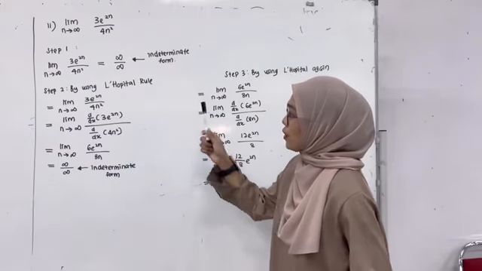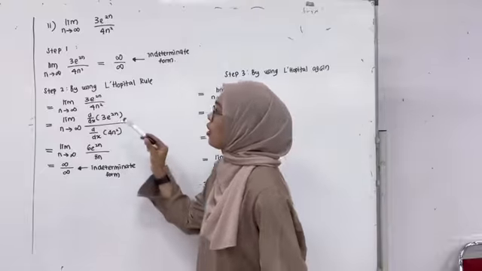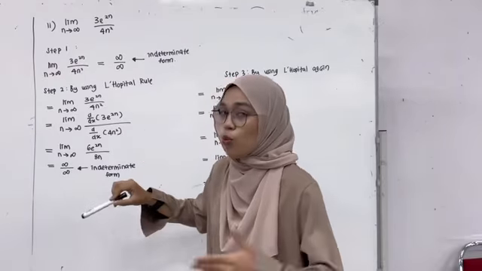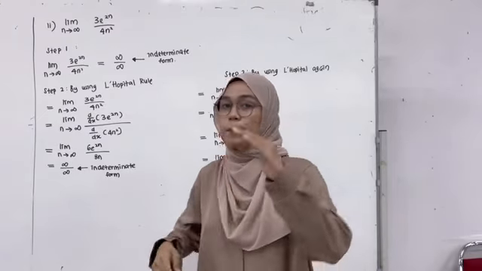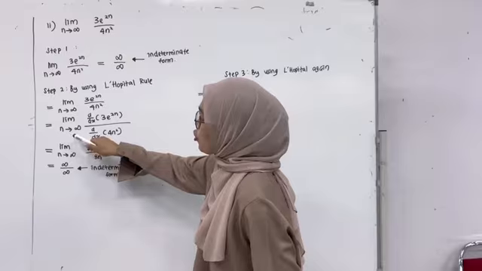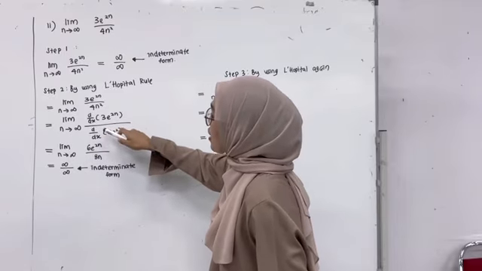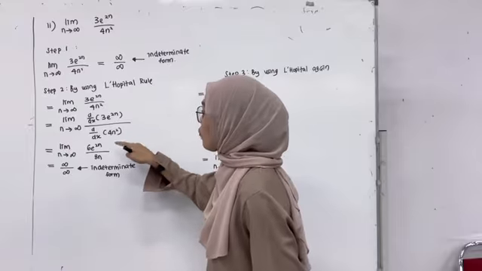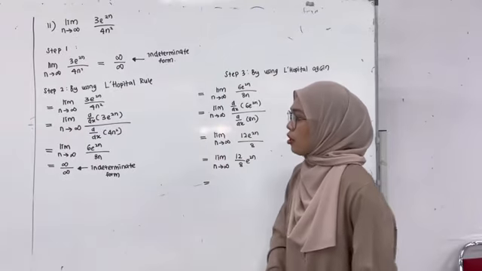By using L'Hopital's rule, we can rewrite the limit, and then same step again, we must differentiate the upper and lower. So we will get the limit as n approaches infinity of d over dx 3e^(2n) over d over dx 4n^2.